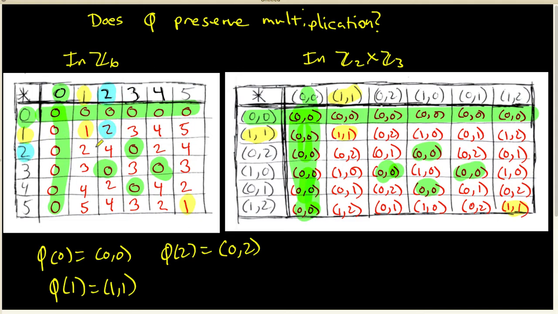So here's a 2, here's a 2, here's a 2, here's a 2, here's a 2, and there's a 2. And those are all the 2's that I see in this table. So now I'm looking for 0, 2 ordered pairs over here. And the 0, 2 ordered pairs are in these locations.